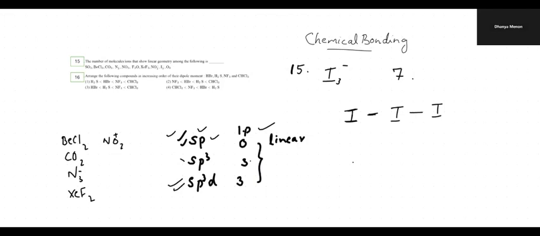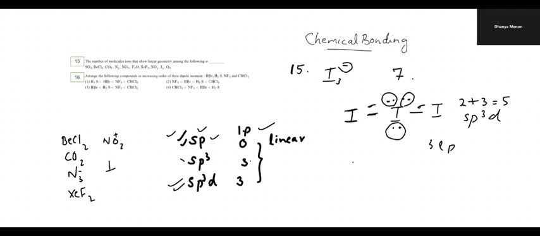Now out of 7, 1 is used up to form the bonds, so I'm left with 1, 2, 3, 4, 5 electrons, but there's a negative charge, which corresponds to 1 electron. So I have 3 lone pairs. So 2 sigma bonds and 3 lone pairs correspond to sp3d hybridization with 3 lone pairs. That is why I3- has a linear shape.